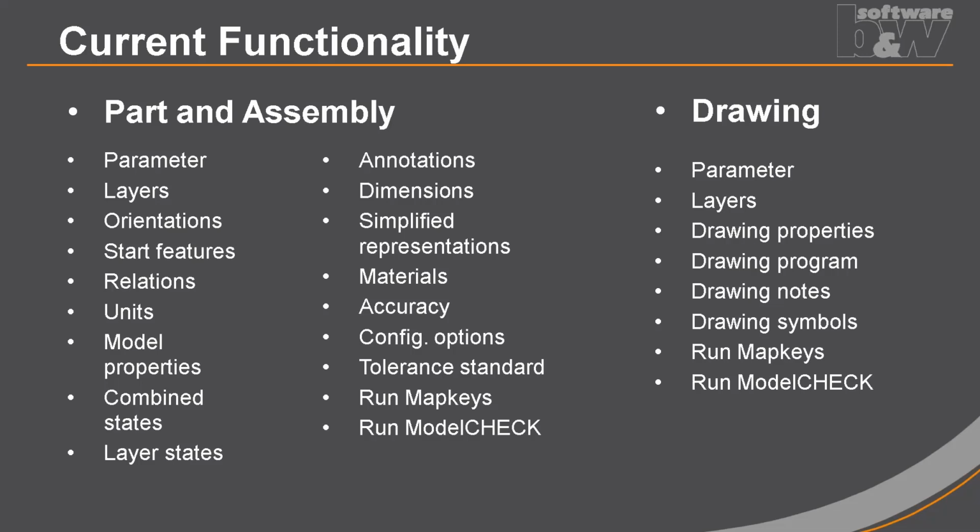So you can check and correct parameters. Basically everything you can do interactively in Creo, you can also do with SMARTUpdates: create, edit, delete, change values, type, description, designate, and so on. The layers you can also check and correct, create them, add them from the start model, take over rules if you need them.